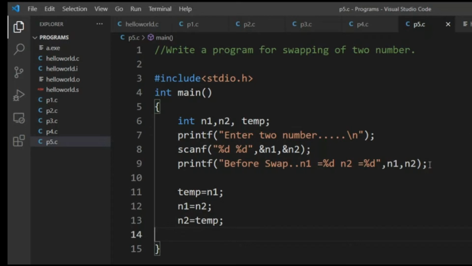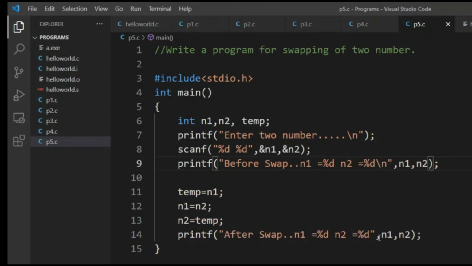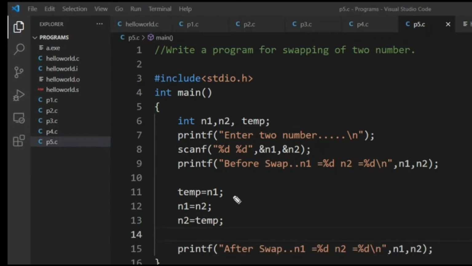And then after that we will print after swap. Here I have to put a slash n. So write down this program in your book. So this is our main logic for swapping two numbers using a temporary variable.